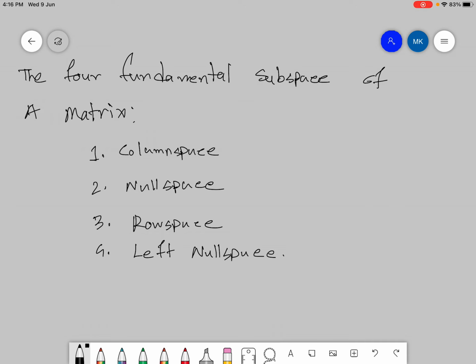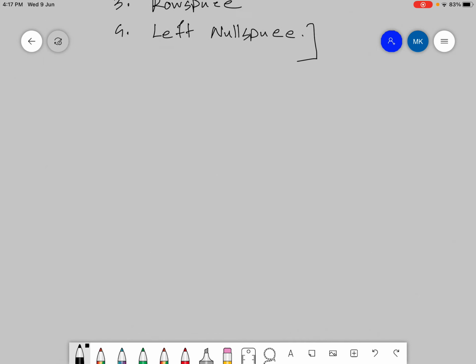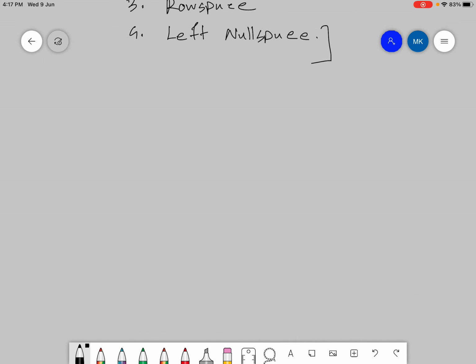So first, let's learn about all the fundamental subspaces through an example. Let's take a row reduced echelon form of a matrix. Let's say we have R equals 1 0 0.